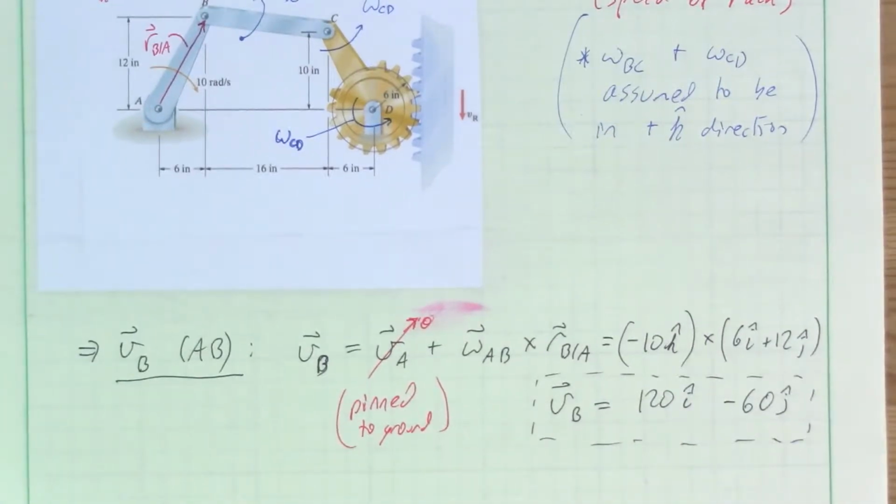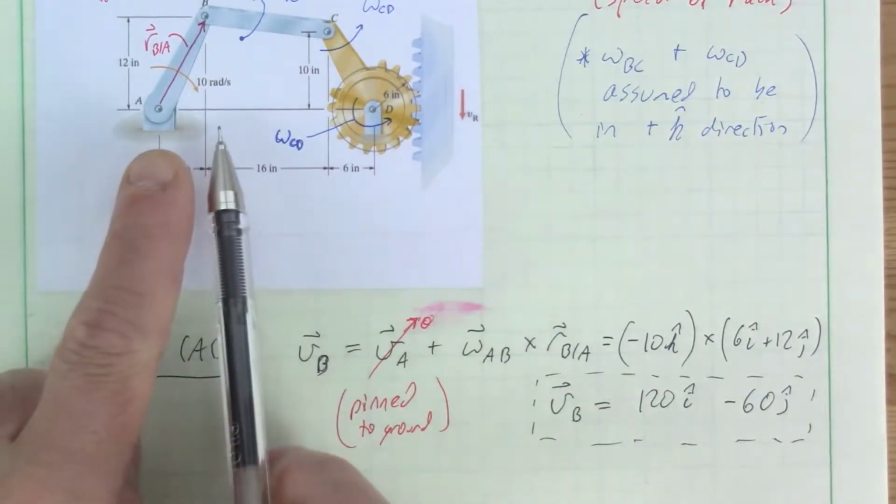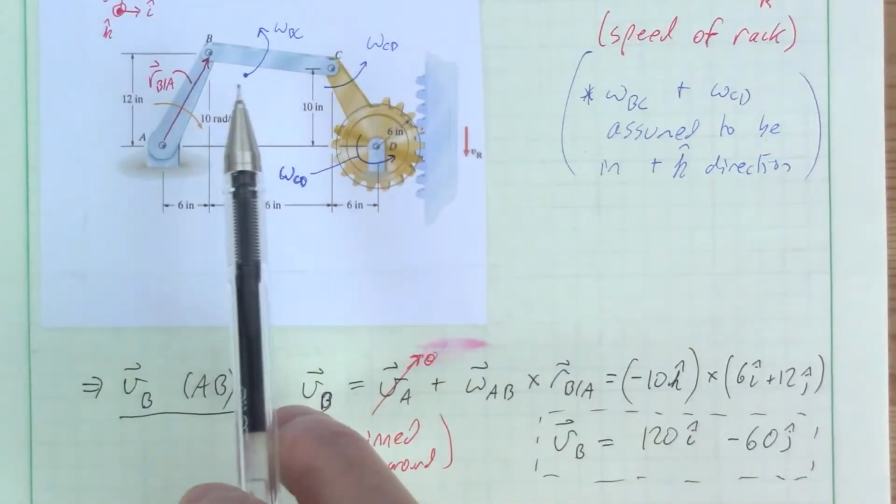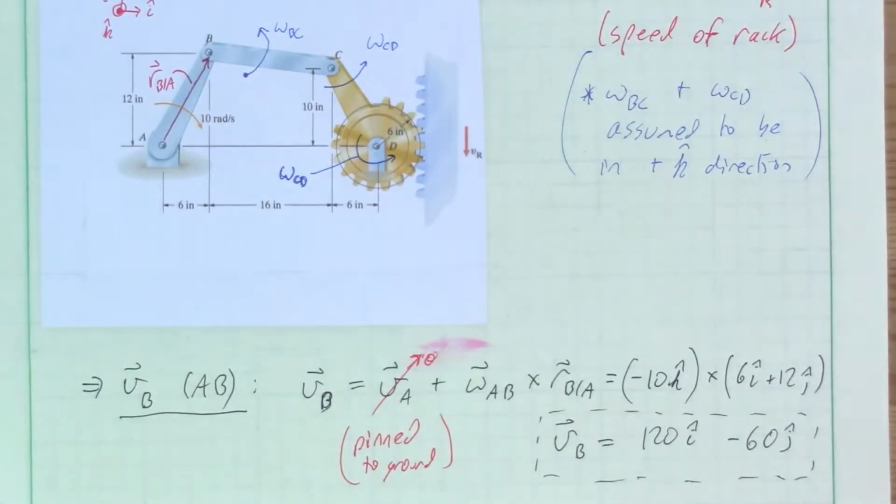Great, that's good. So we're done with the AB bar. We've converted the information of the 10 radian per second rotation of AB to the absolute velocity of B. And now we can add to the picture what the absolute velocity is.